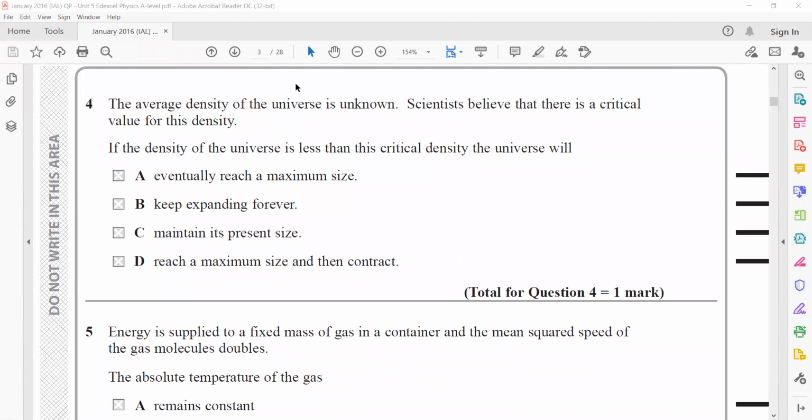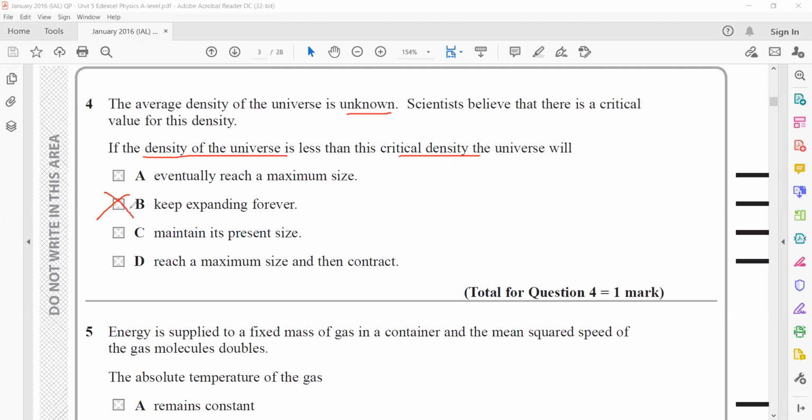In question 4, the average density of the universe is unknown. Scientists believe that there is a critical value of this density. If the density is less than the critical one, we don't have enough gravity to hold the particles together, and it will continue to expand forever.